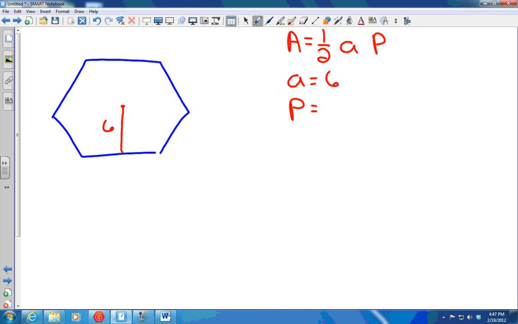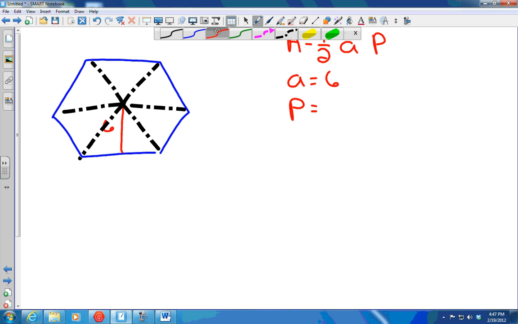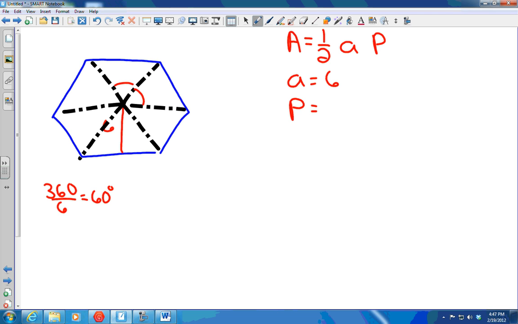And so we're going to do the same thing we did with all these regular figures. We're going to draw our triangles here. Find each one of our central angles. There's 6 triangles there. That's 360 divided by 6, which is 60 degrees.